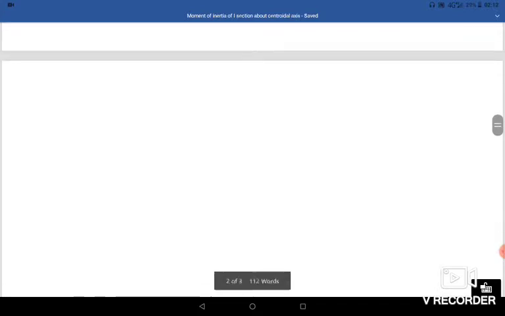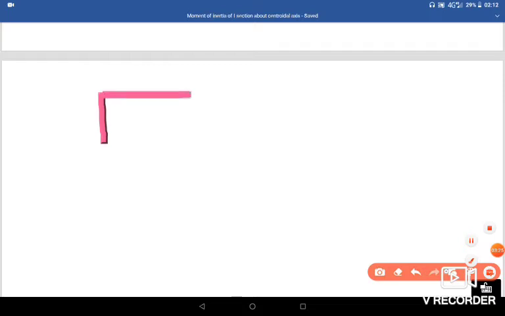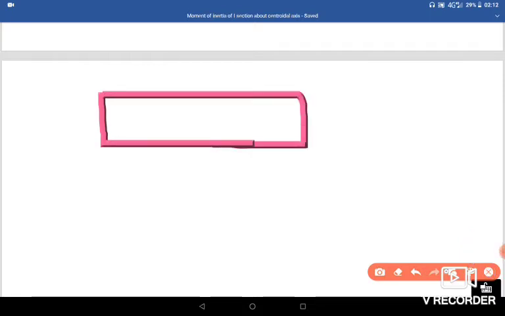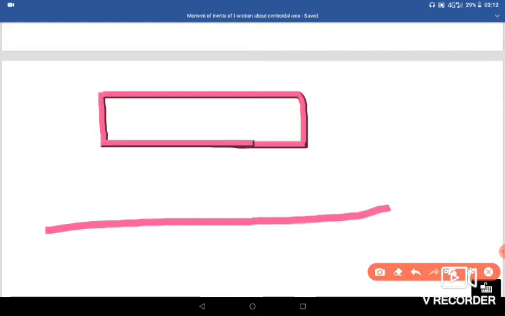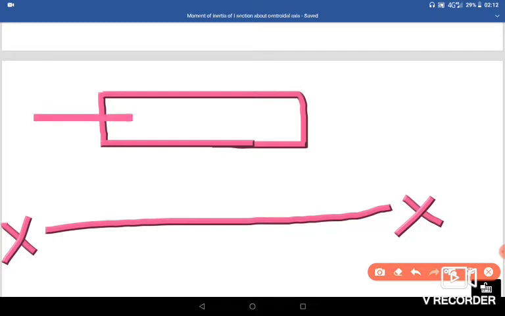Suppose this is the A1 section and this is the x axis. This is the centroidal axis of the section A1.